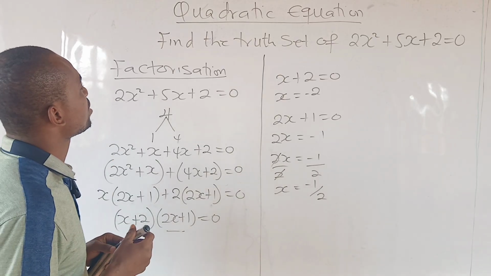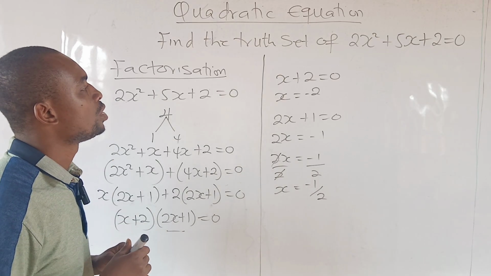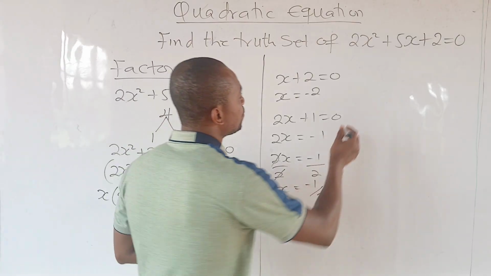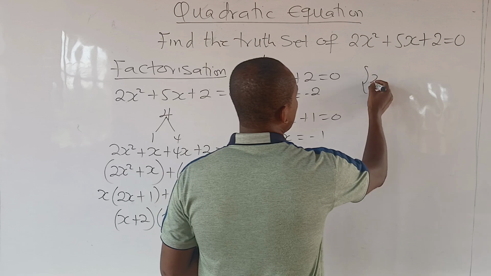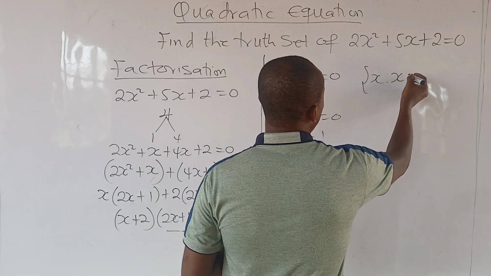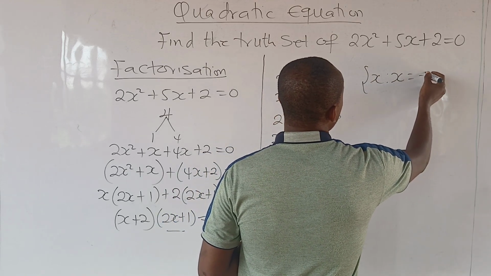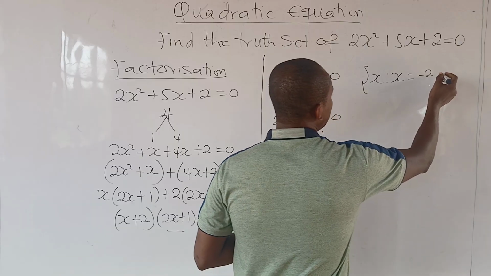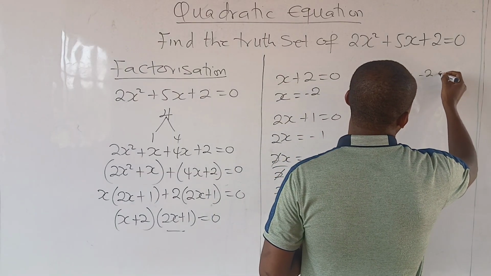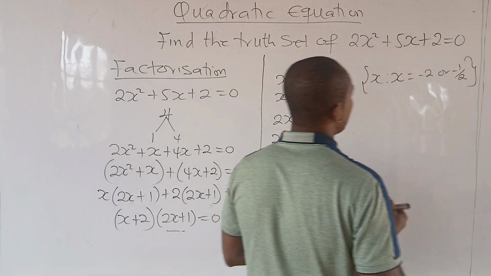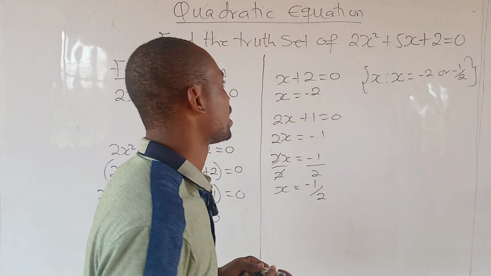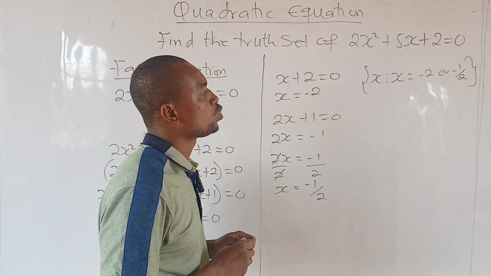So now the question says that I should find the truth set. So the truth set is going to be, let's continue it here, x such that x equals negative 2 or x is equal to negative 1 on 2.